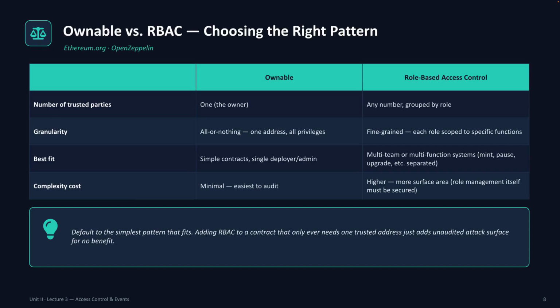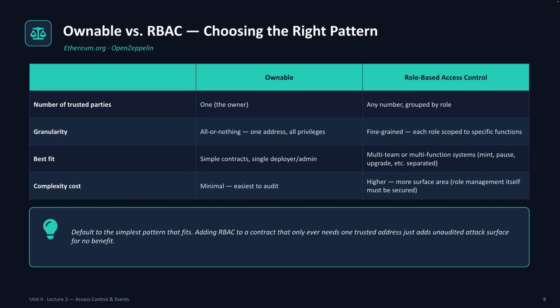What is the complexity cost of Ownable? Ownable's complexity cost is minimal and it is the easiest one to audit. Whereas in case of RBAC, the complexity is higher, more surface area, because the role management itself must be secured.